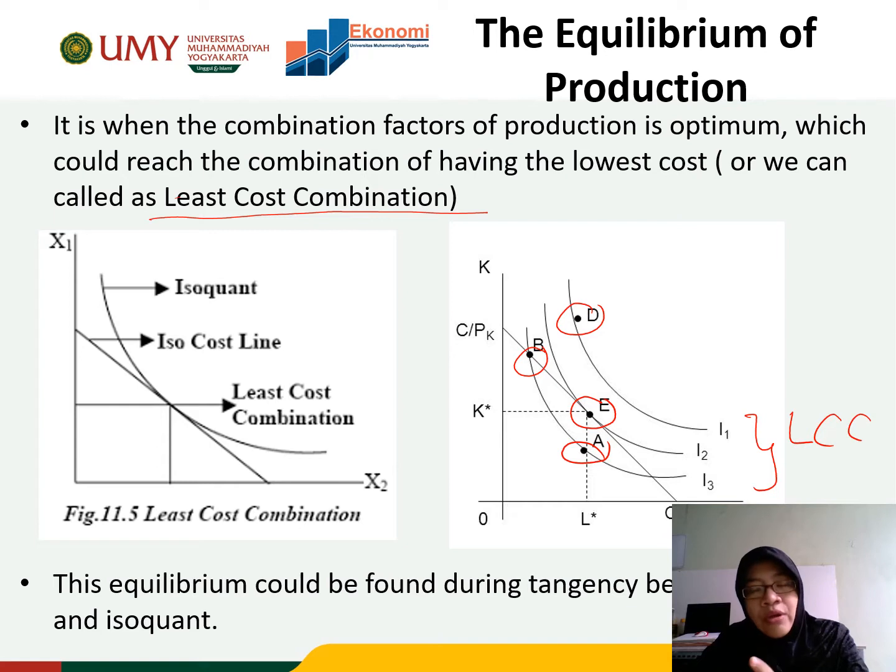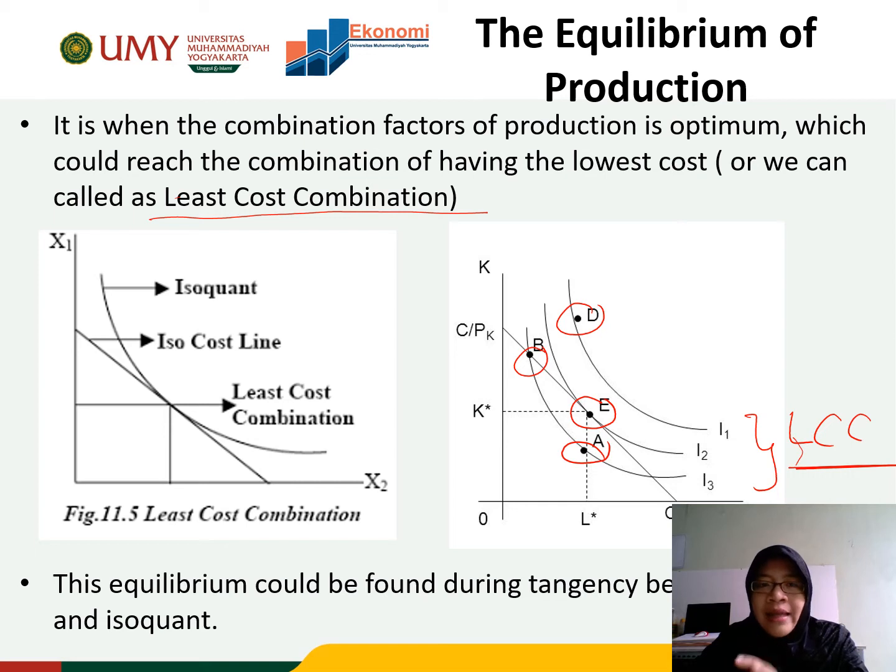So why are we talking about this? Because in the next slide, we are going to measure this. So you have to recognize what the least cost combination is. You need to remember the microeconomics. The least cost combination of production is really needed.